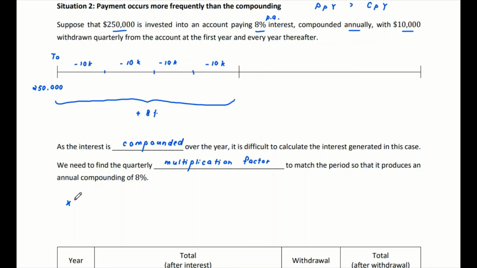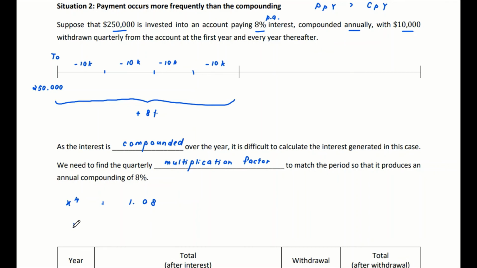So you are going to use this value compounded 4 times, and at the end you are getting an annual compounding of 8%, which is 1.08. I hope it makes sense for you. So what's the value that we should multiply? After you compound for 4 times, you get back to 1.08.